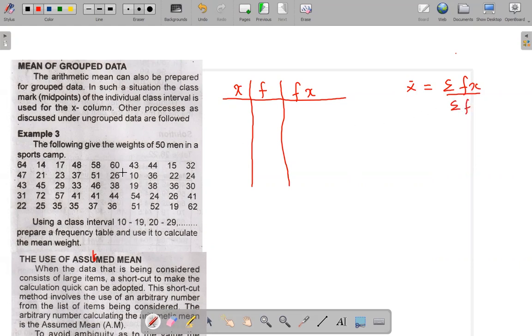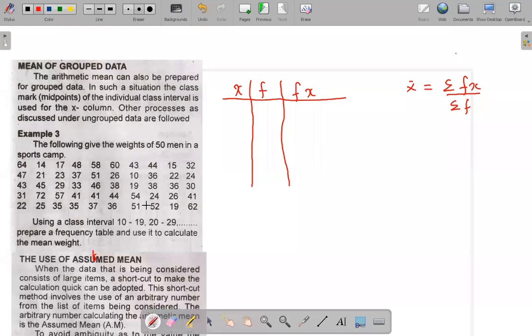But in this case, where we have grouped data, by the way, what is grouped data? Grouped data is when you use an interval to represent a set of items within a given data. For example, this example is using a class interval of 10 to 19, 20 to 29, and so on and so forth.